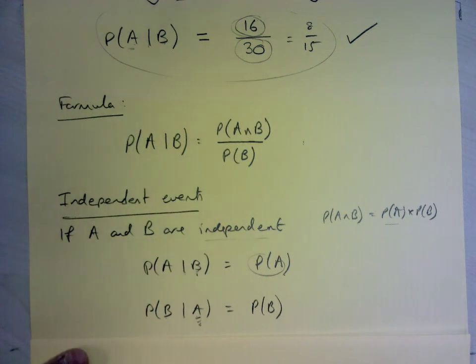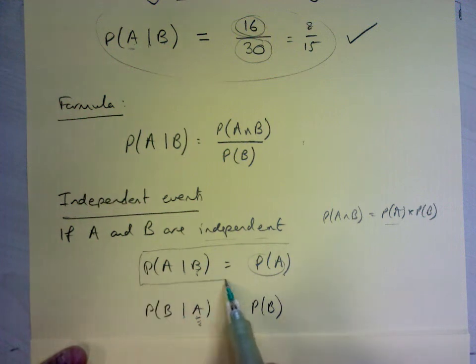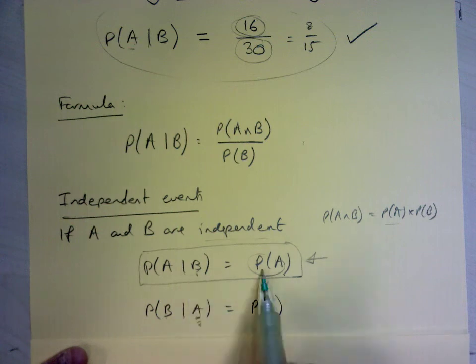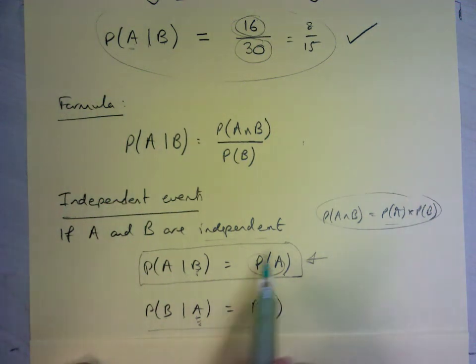So again, we've got another way in which we can tell whether events are independent. This can also be used as a test for independence. If you've got events that you know that this is true, then you know that they're going to be independent. So that's a consequence of independence. So you've now got this result for independent events and also this conditional result.